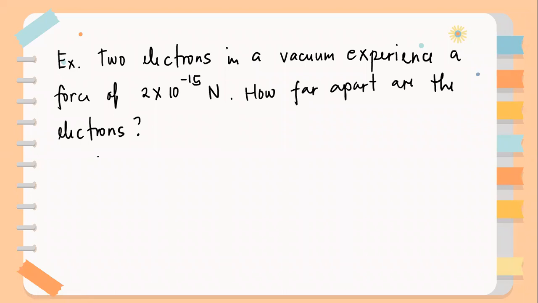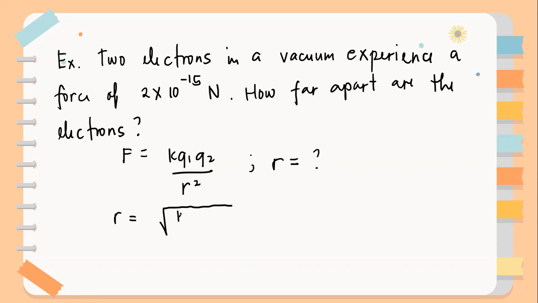Using the formula F is equal to K Q1 Q2 over r squared. Since the requirement is the distance, you are required to find r. So r is equal to the square root of K Q1 Q2 over F. K is 9 times 10 to the 9 newton meter squared per coulomb squared.